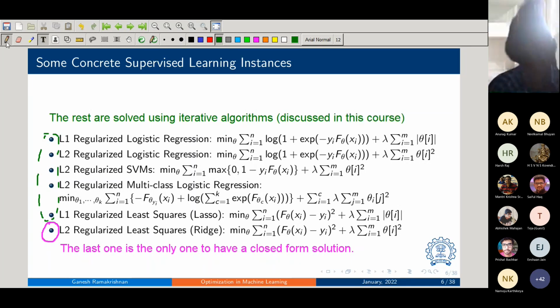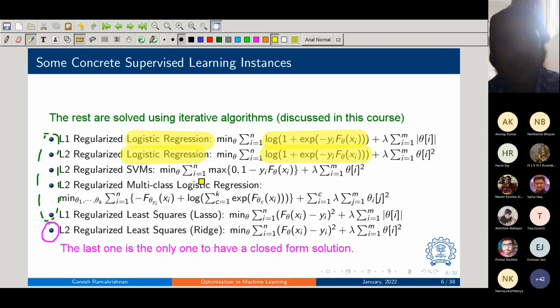Okay, so what we're doing here is just putting together combinations of loss functions and regularizers. You have logistic regression, which is the logistic loss, and that's common in the first and the second. But in the case of SVM, you might have a hinge loss. Could also have multi-class logistic regression. Least squares is common with ridge and lasso. The second component that is changing corresponds to the regularizer.